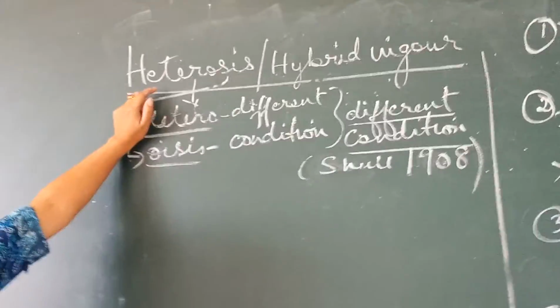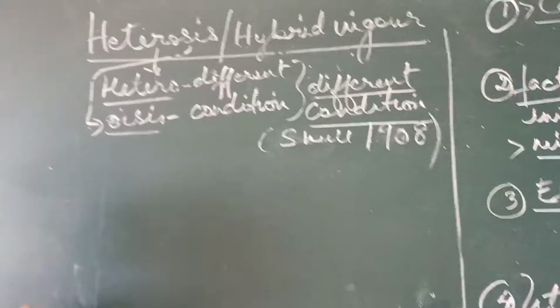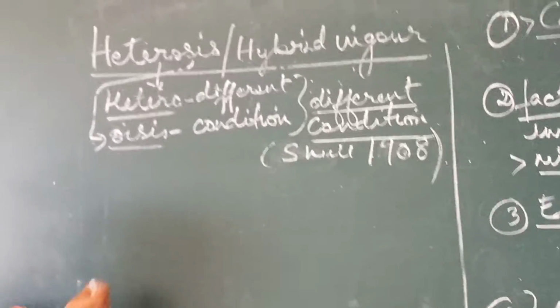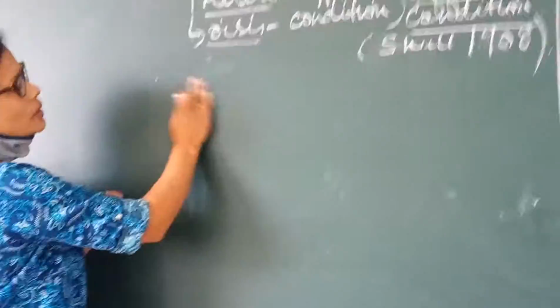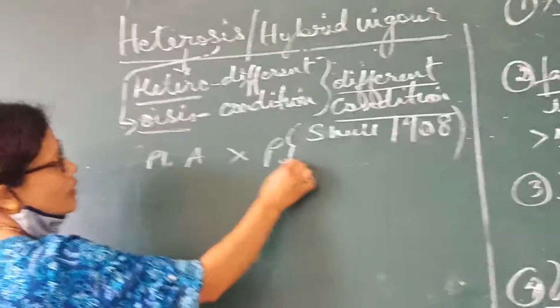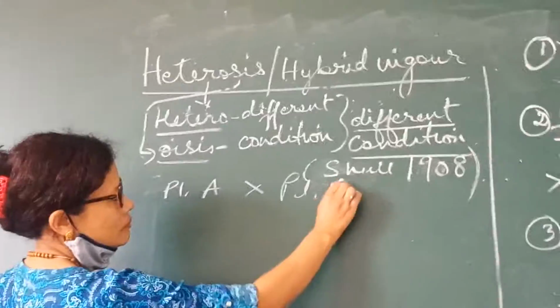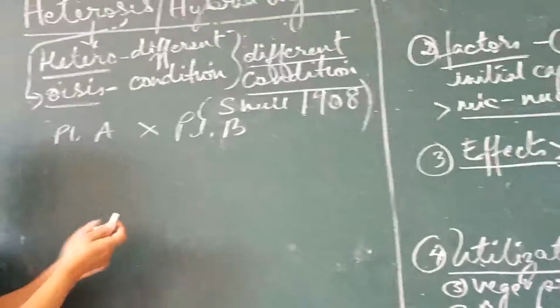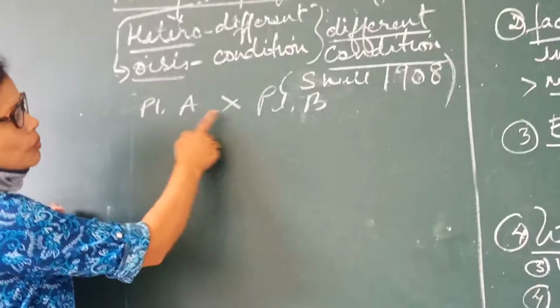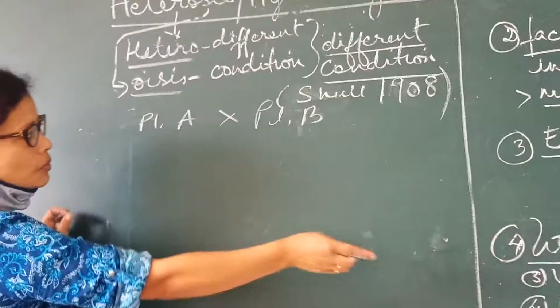Now heterosis, as I have said in the beginning, is a different condition. What do you understand by the words different condition? For example, you cross a plant A with a plant B. These two plants are far apart. These two plants are not related. They belong to different gene pools.